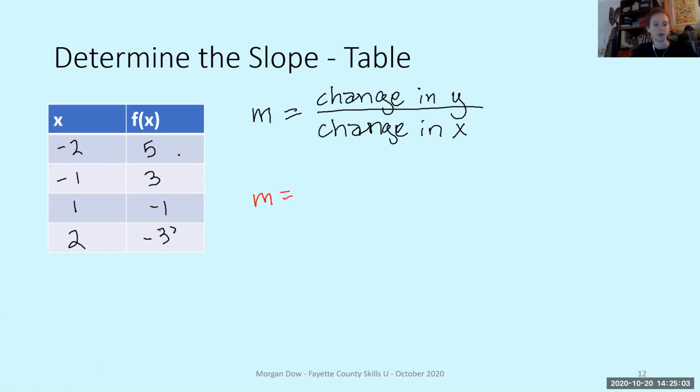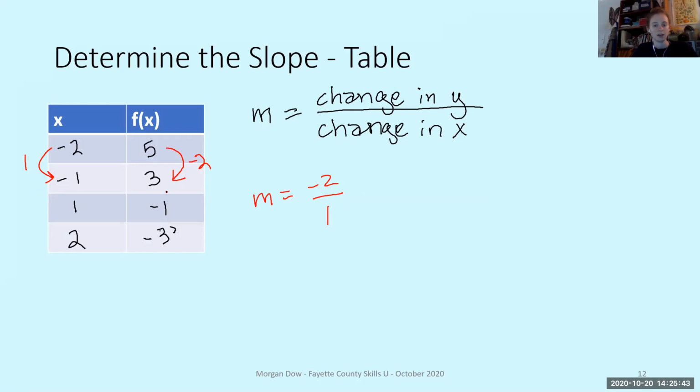It's the number that should go first. So when I go from 5 to 3, that is a decrease of 2, right? To go from 5 to 3, you're decreasing by 2. So to show that it's a decrease, we would say that that's a change of -2. We're going down by 2. And then going from -2 to -1, that is an increase of 1, right? We're going up by 1. So I get this ratio of -2 to 1.